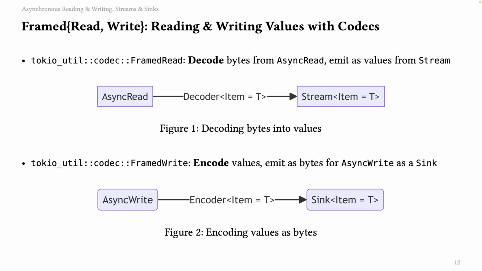When you have successfully constructed this, this framed read then starts to act like a stream of items. When you call next on this, it will poll the underlying bytes into the decoder and then produce them transparently as a stream. And similarly, when using framed write, it will take your value, pass it through the encoder, and then write it into your underlying data sink for you.